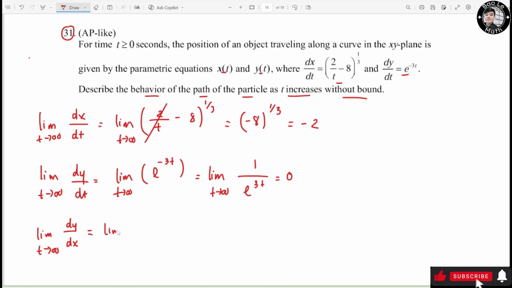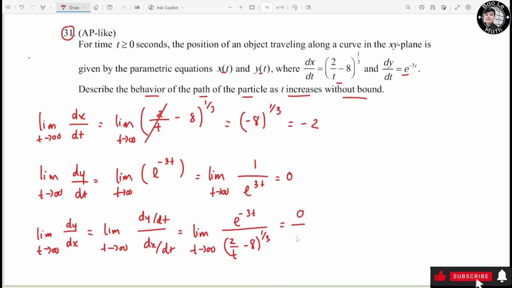It's the limit when t approaches infinity of dy over dt divided by dx over dt, which is the limit of e to the negative 3t divided by (2 over t minus 8) to the 1/3. It's going to be 0 over negative 2, which is 0.